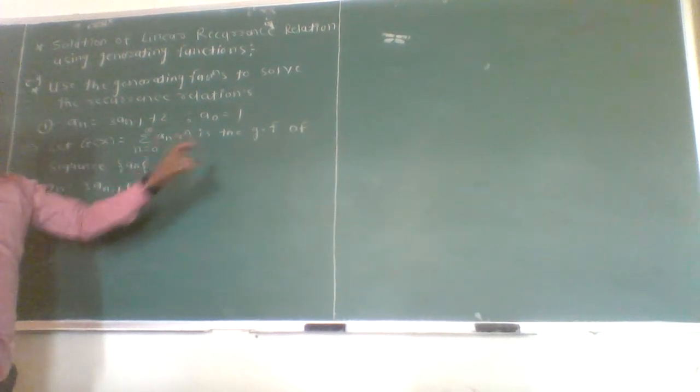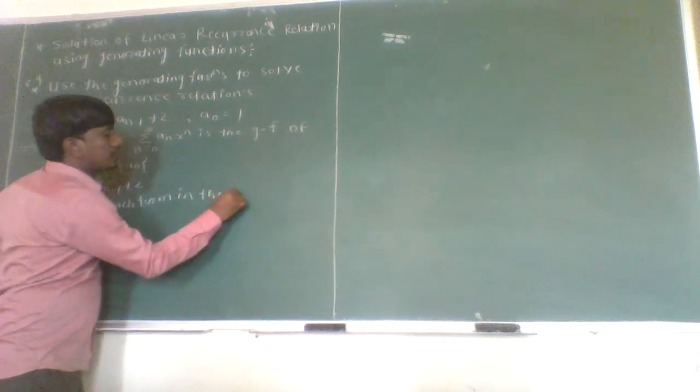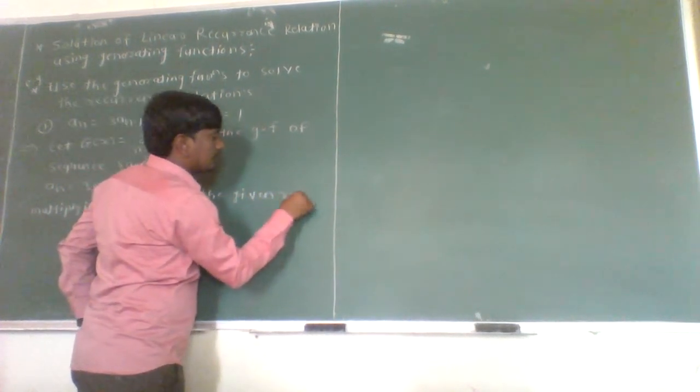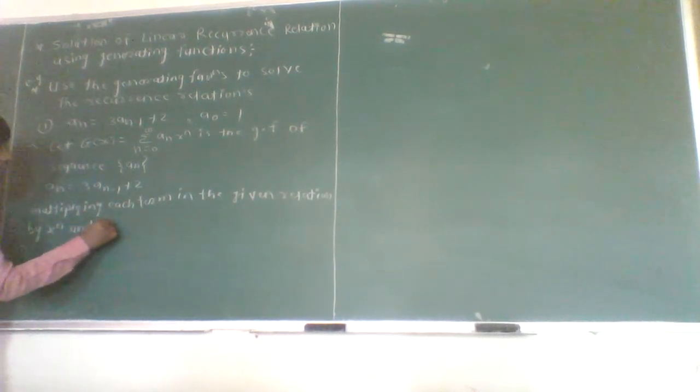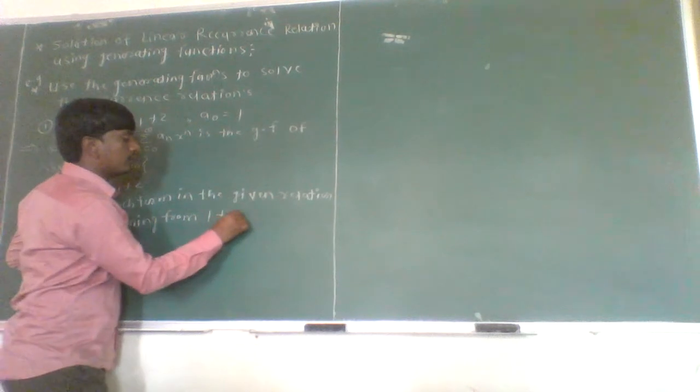Now, given that a_n is equal to 3 times a_(n-1) plus 2, multiplying both sides of this recurrence relation by x^n and summing from 1 to infinity, we get: multiplying each term in the given recurrence relation by x to the power n and summing from 1 to infinity.